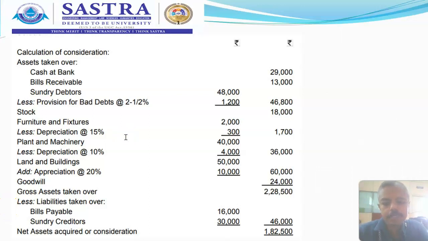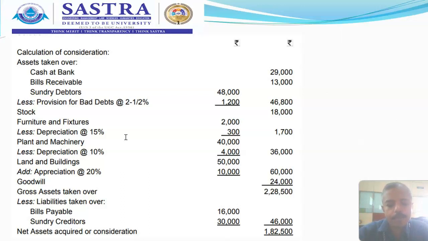The next item is land and building. The present amount is 50,000, but during acquisition, the real value of land and building is appreciated, which means the value has been increased. The realized value of land and building has been increased by 20%. So the existing value in the balance sheet is 50,000, appreciation 20% is rupees 10,000.